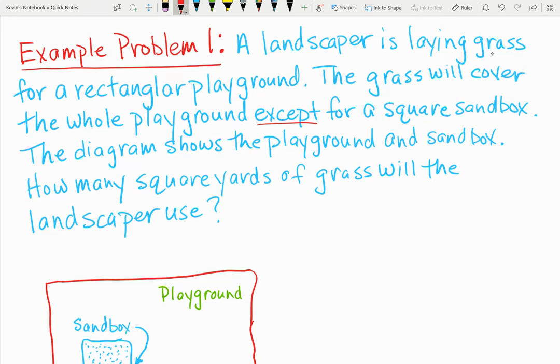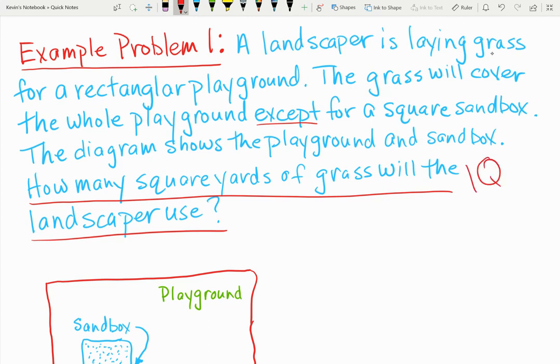Okay, so for this one, I'm not going to cube this one up because there's not a whole lot of information in this word problem, but I am going to underline the question. How many square yards of grass will the landscaper use? And that is one question we have to answer. So not multiple questions, just one question.